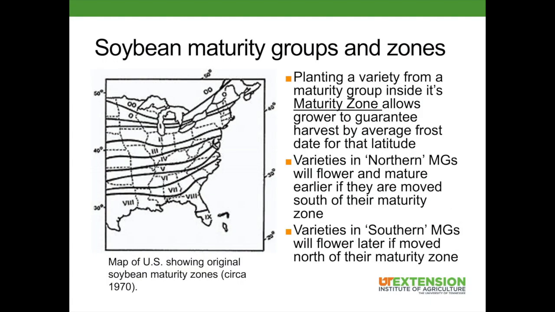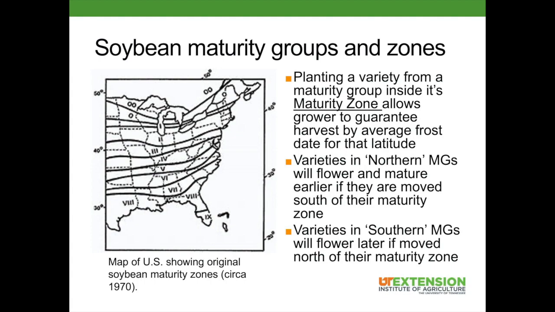So many years ago, the United States was divided into what are called maturity zones. And so the maturity zone is just an invisible line drawn across a specific latitude in the United States. And within that latitude, there's a specific photoperiod. And breeders developed varieties that had the best fit within that zone.